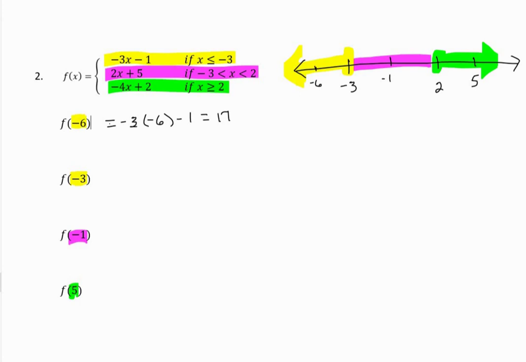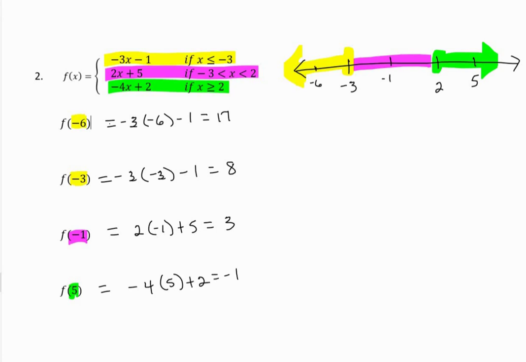When I put -3 in, I have -3 times -3 minus 1, and that's 8. f of -1 is going to be 2 times -1 plus 5, and that's going to be equal to 3. And f of 5 is -4 times 5 plus 2, and that equals -18.